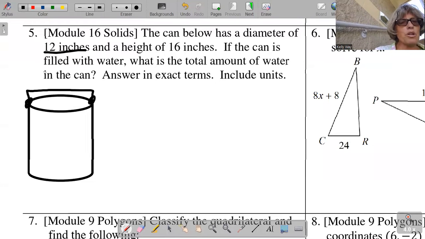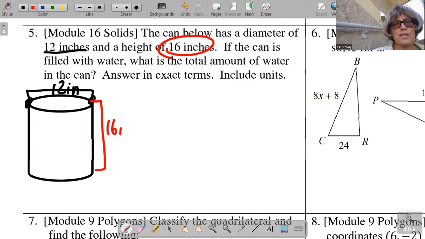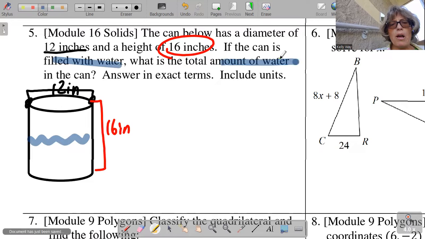We're told the diameter is 12 inches, height 16 inches, filled with water, total amount of water.